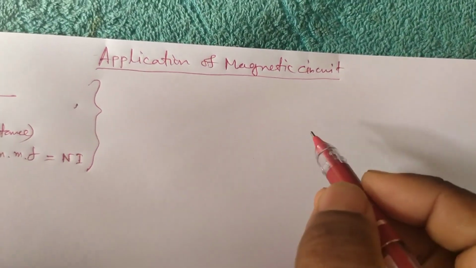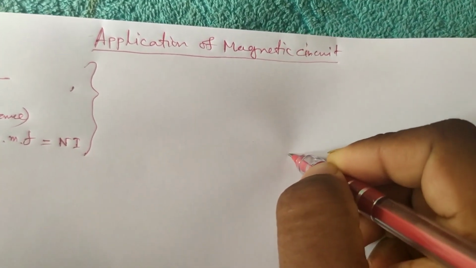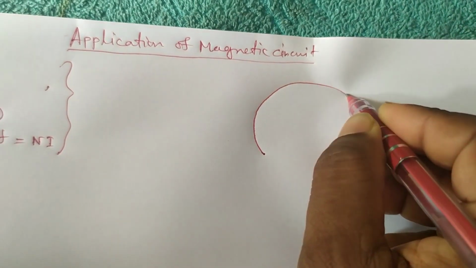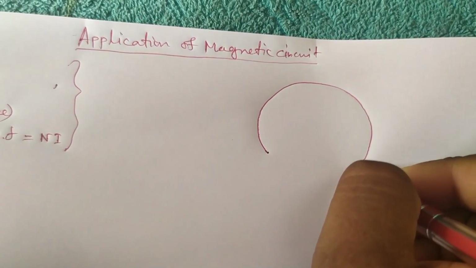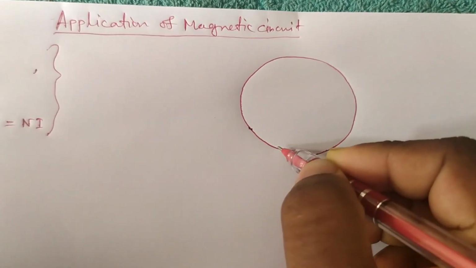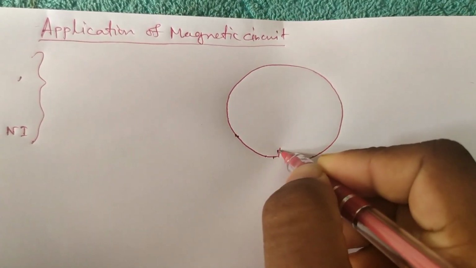Now come to today's application. Suppose the application problem is like this. Suppose there is a circular shape of magnetic material, and there is a small air gap.